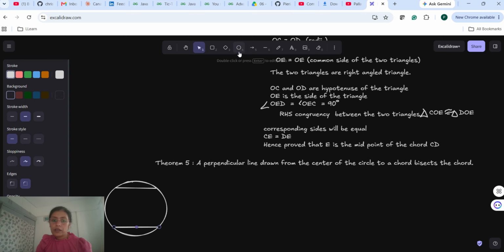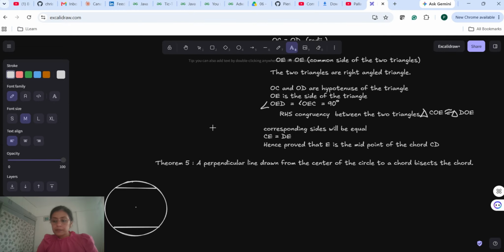So here, let me make the center of the circle, and then we'll name it A, B, C, D. Circle center, I'll call it O.